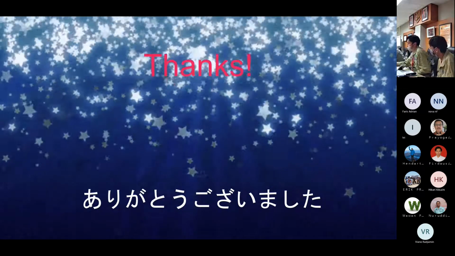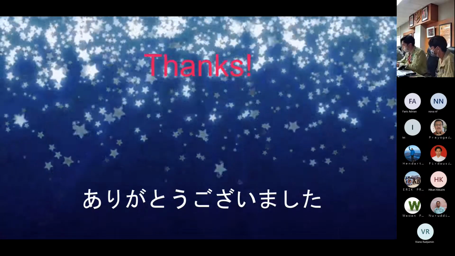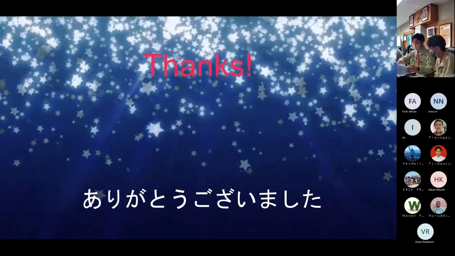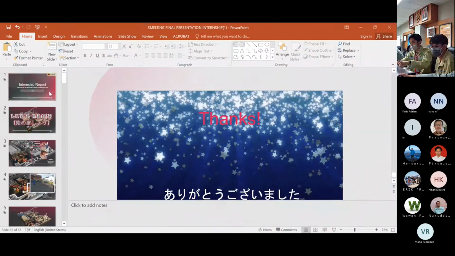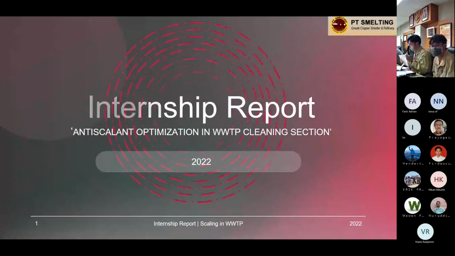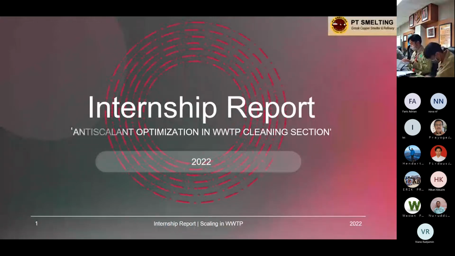So we consulted our antiscalant vendor, PT APC, which supplied the DX100 before, and he suggested the chemical CX20. He said that previously this kind of chemical had been tried in smelting a long time ago, and the result was quite good, but the price is expensive.